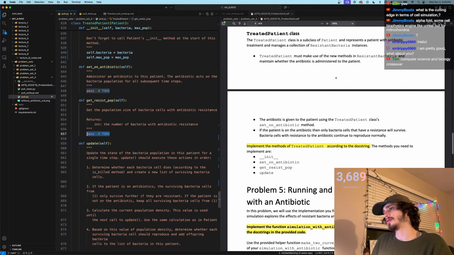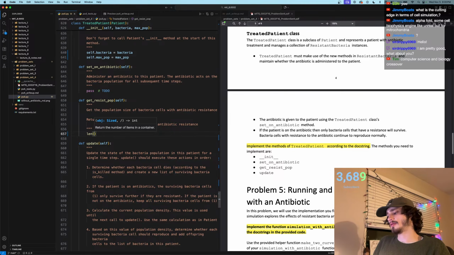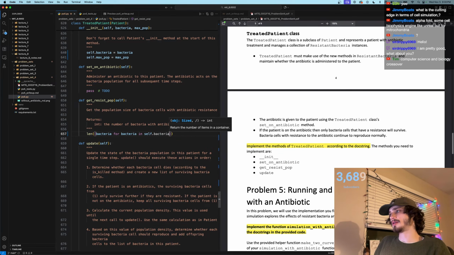Okay, so we'll say length of, we'll say bacteria for every bacteria in self.bacteria if bacteria dot resistance.